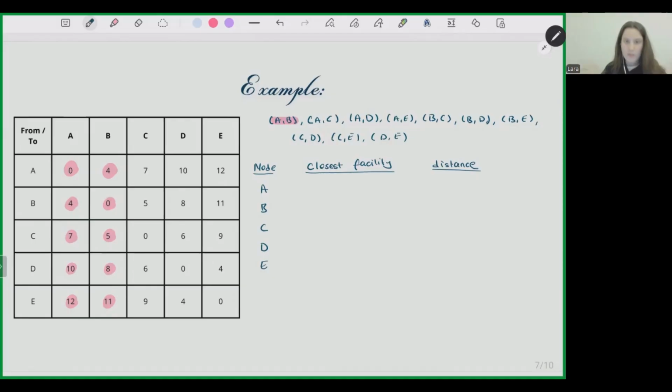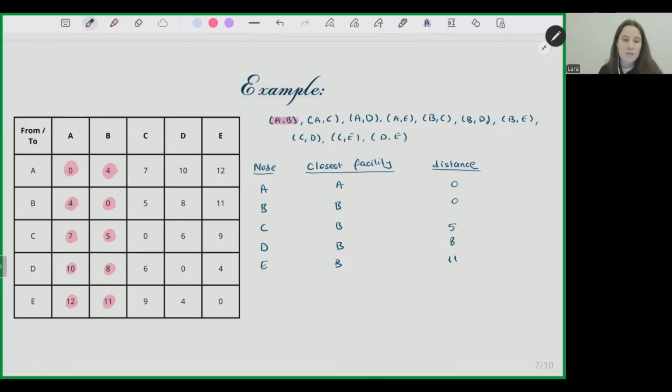So for A, the closest facility would be, of course, itself A, and the distance is 0. For B, it would be again itself, so B, distance is 0. For C, we're going to look at 7 smaller or 5. 5 is smaller, so the closest facility to C is also B, and the distance is 5. For D, same for B, it's 8 units of distance, and for E it's again the same, B with 11 units of distance.